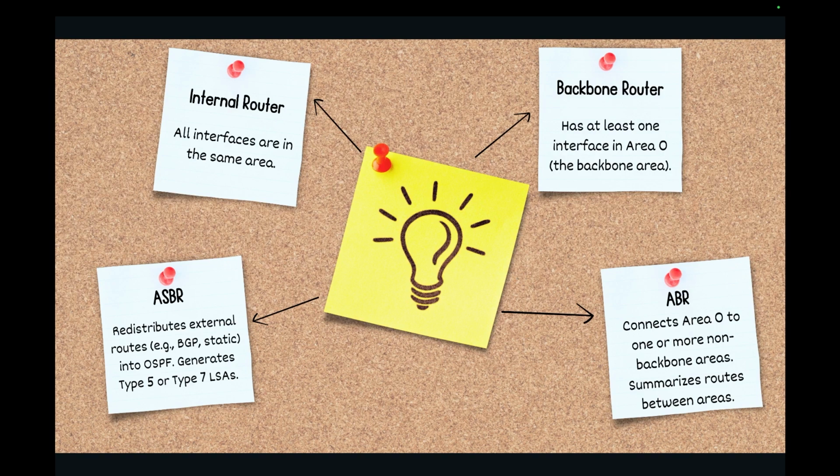We are a service provider, we provide internet service, and we have two customers. Both of those customers can be considered as separate autonomous systems. Inside, let's say, customer 1, we have multiple areas, and the router which is connecting area 0 and another standard area can be considered an ABR.